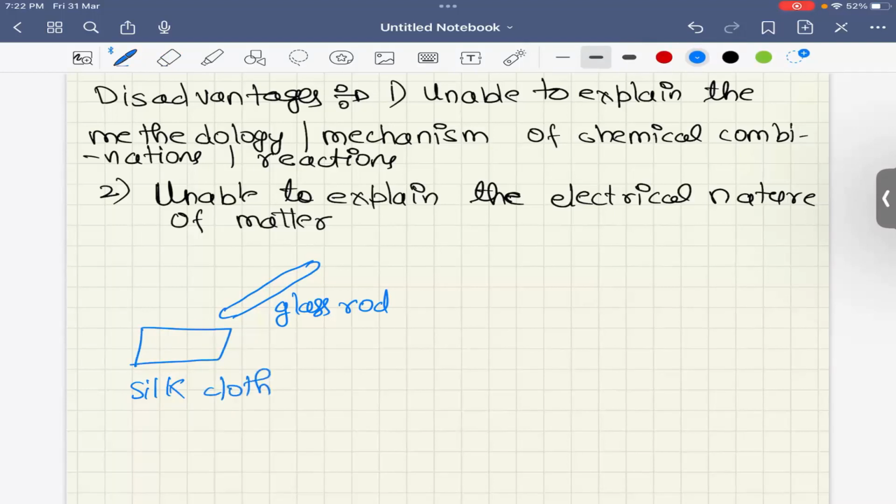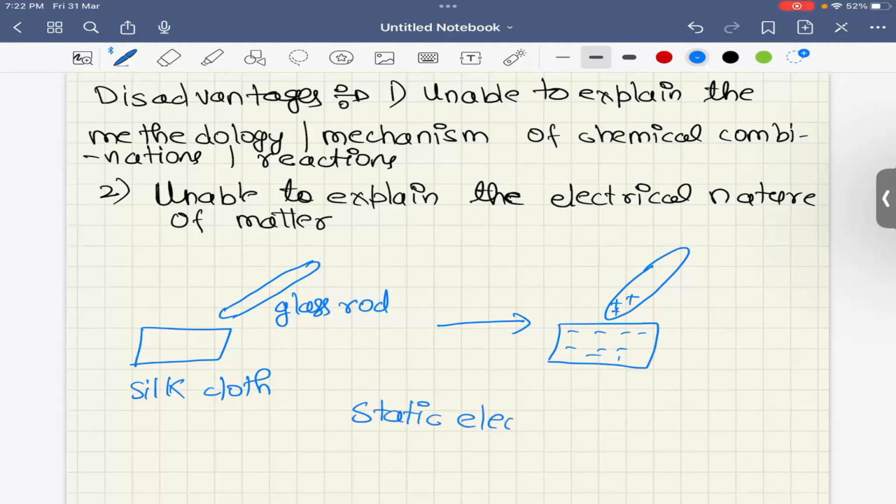When these two are rubbed, it was well established that this results in the formation of positive charges here and negative charges here. That is, the concept of static electricity was well known, and because in Dalton's theory the atom is neutral and cannot be broken down into subatomic particles, static electricity cannot be explained using Dalton's theory.